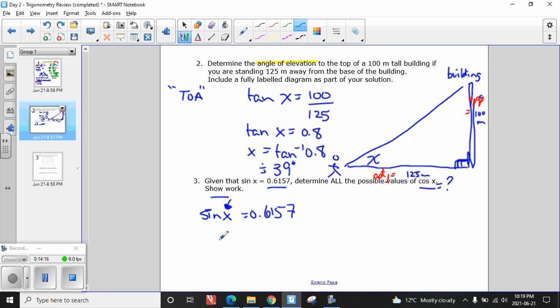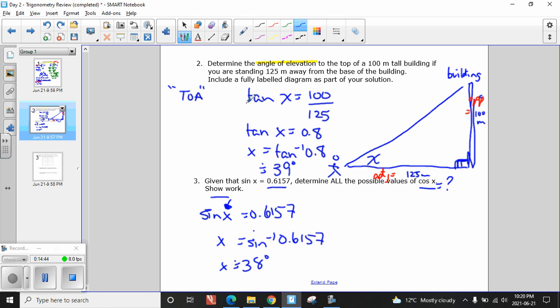So I'm just going to get x by itself, do sine inverse of both sides. Sine inverse 0.6157, and that comes to around 38 degrees. So my unknown angle is 38 degrees.